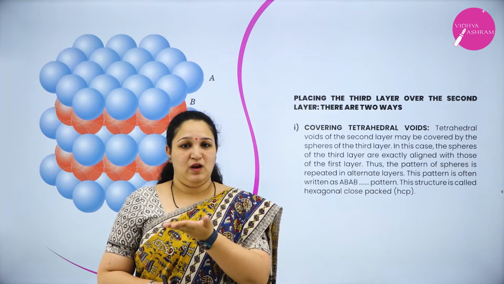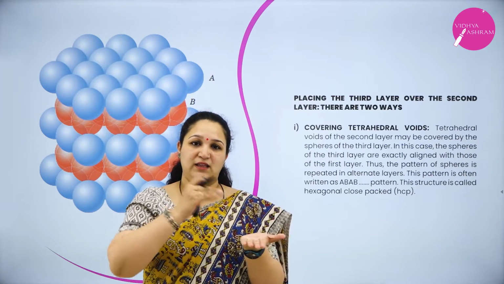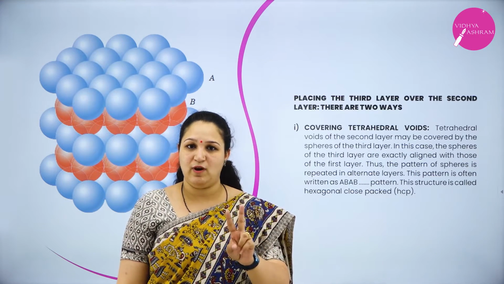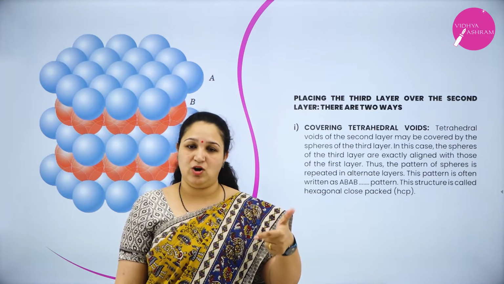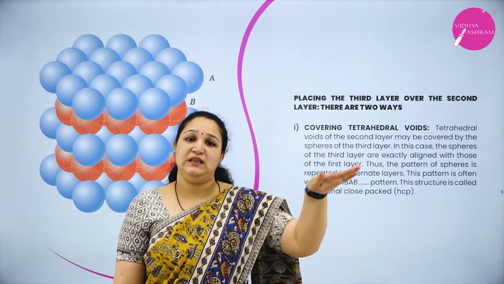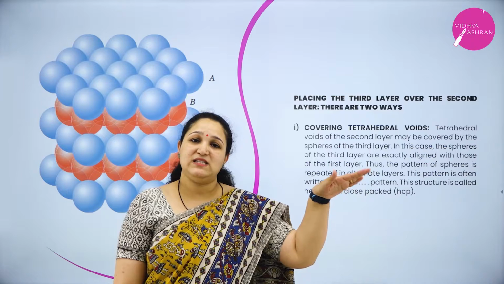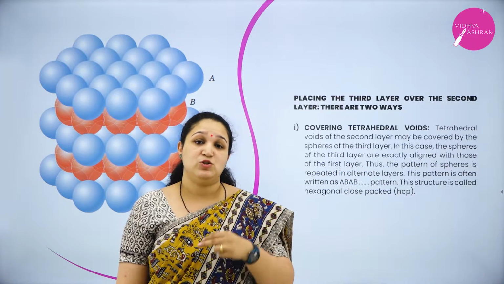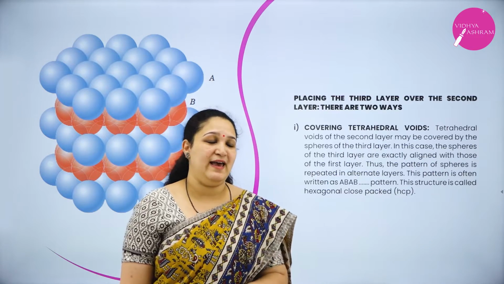First layer I took, in the grooves of the first layer we placed the second layer. I got 2 types of voids, tetrahedral voids and octahedral voids. Now we are going to learn the placement of the third layer. Now when I place the third layer, again it can be of 2 types. So which are those 2 types, I will explain.